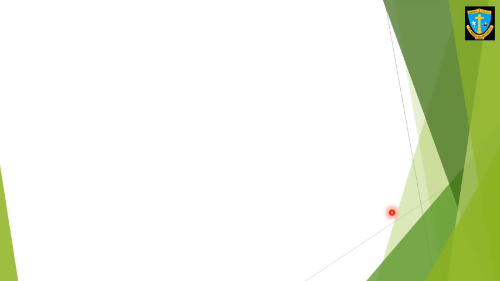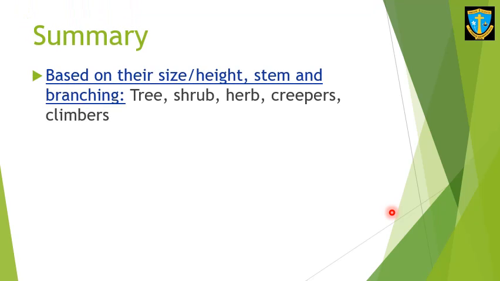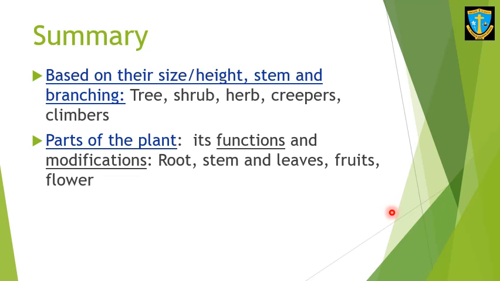What have we learned today? Earlier we have seen how the plant is classified using the size or the height of the plant, stem and branching. They can be classified as tree, shrub, herb, creepers and climbers. Also, we have completed the parts of the plant, the function and modification of root, stem, leaves, fruits and flowers.